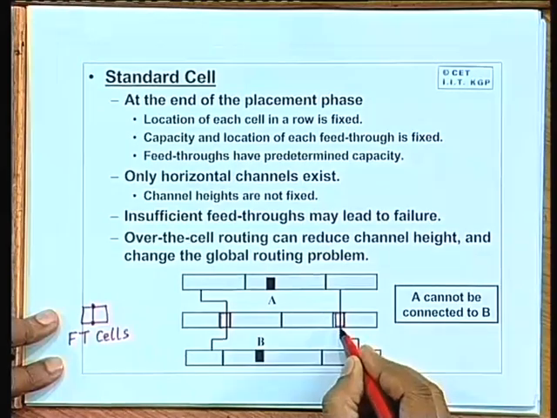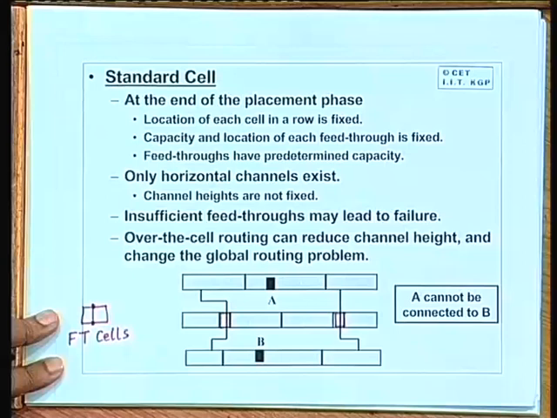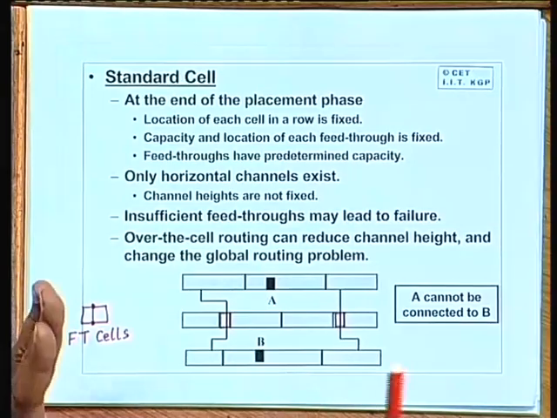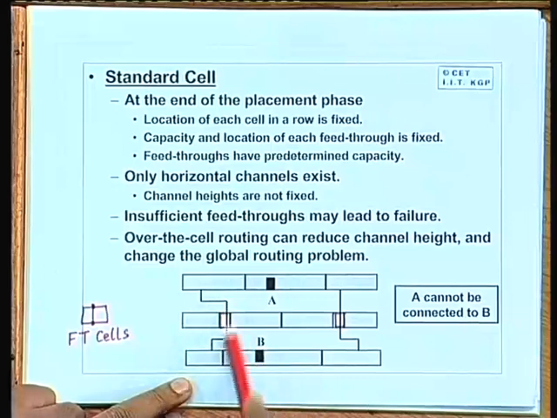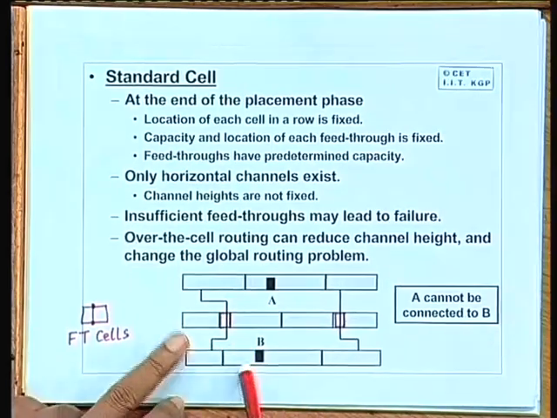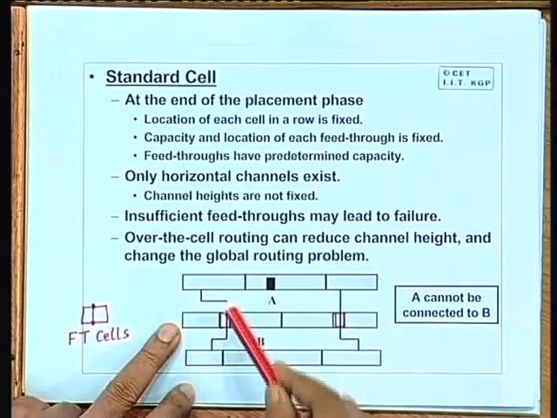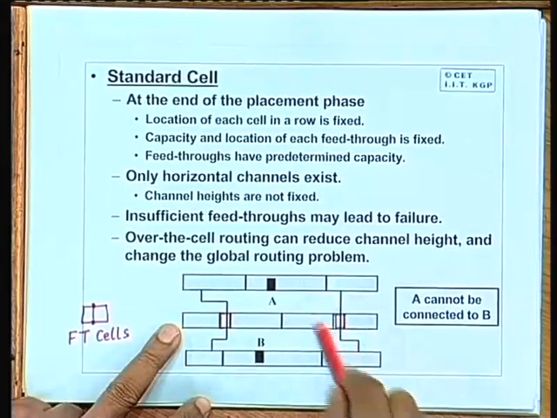So, a feed through cell is used to connect across channels. When you are doing a placement, the placement tool will know how many nets are crossing the channels. So, accordingly the feed through cells are inserted. Suppose it says that there are 2 wires that are crossing these 2 channels.